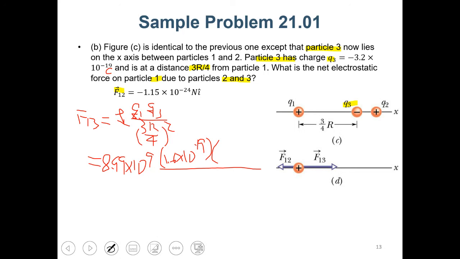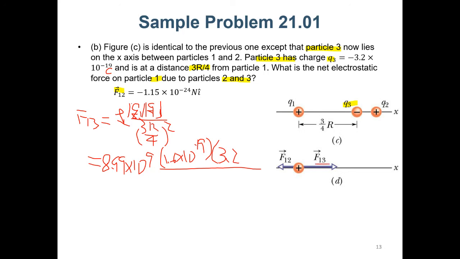Actually, you can do it in two different ways. You can just calculate the absolute value, and then you determine the direction by yourself, because you know that Q1 is positive, Q3 is negative, so they should attract each other.